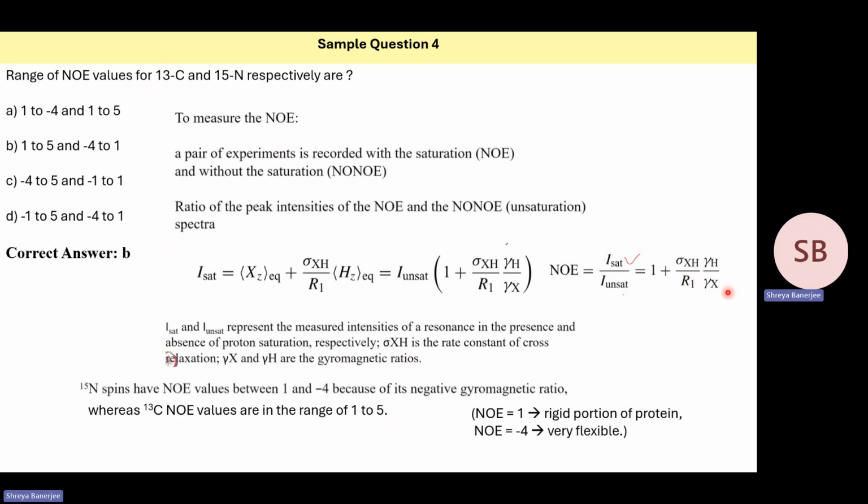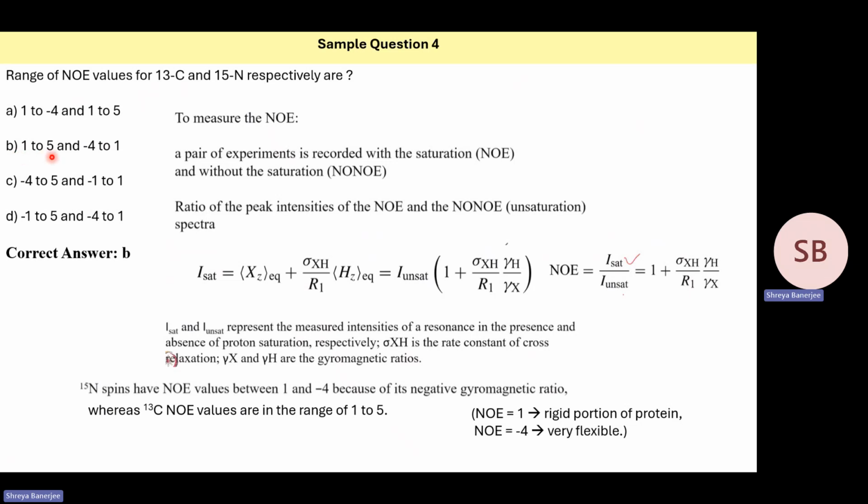If this NOE is calculated, as we studied, 15N has NOE values from 1 to -4, because 15N has a negative gyromagnetic ratio, and 13C has NOE values in the range of 1 to 5. So the correct answer is B.